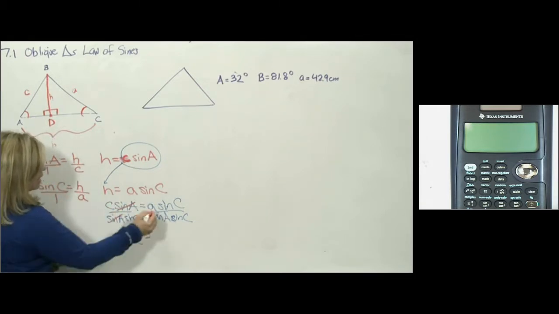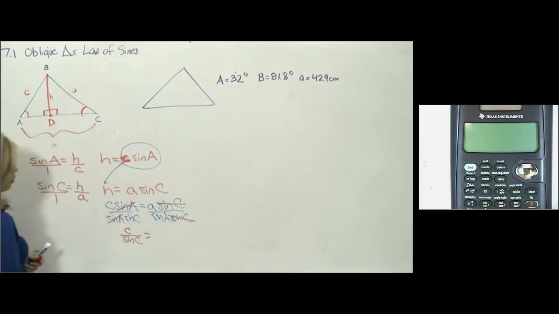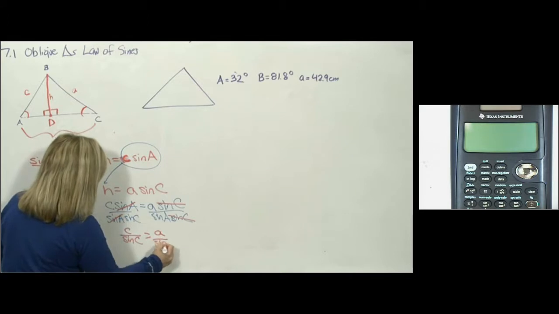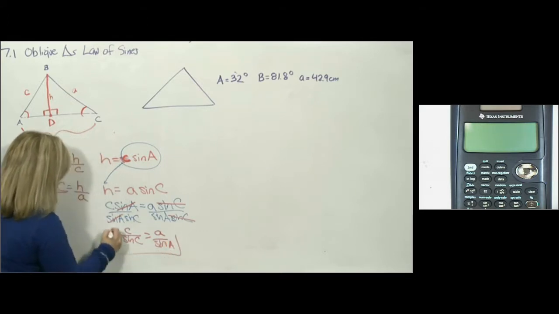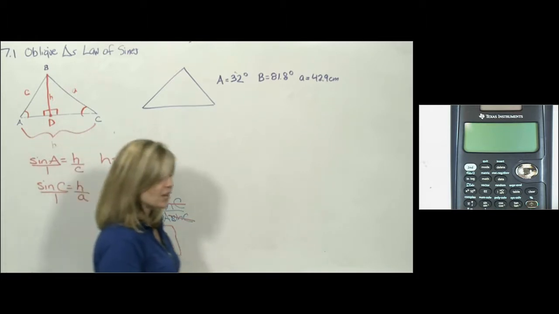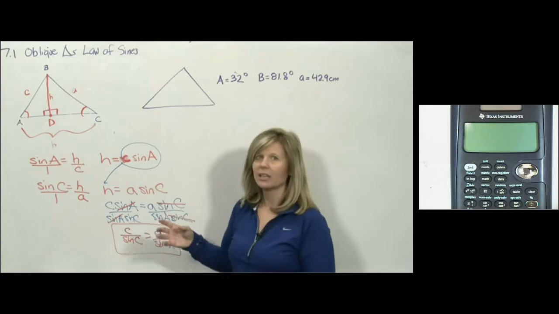On this right side, sine C would cross out. You're dividing the same thing. And you would get A over the sine of A. And if you look right there, that's where the law of sines comes from. The law of sines comes from doing that calculation.